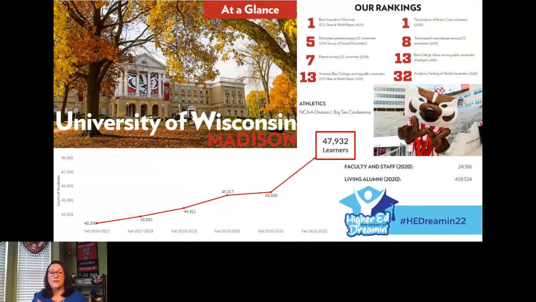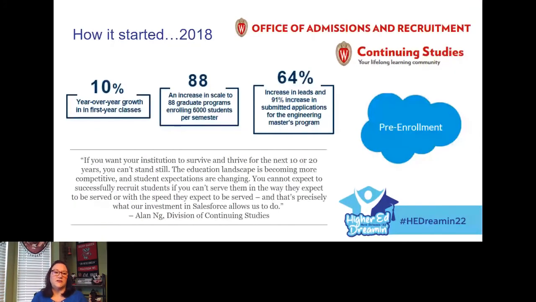And I'm bringing up these large numbers because all of these people are the constituents that we are serving and that we want to have those relationships with. So when you think about these numbers, you can see why it's really essential that we have a CRM at UW-Madison. So where did it all start with Salesforce at UW?